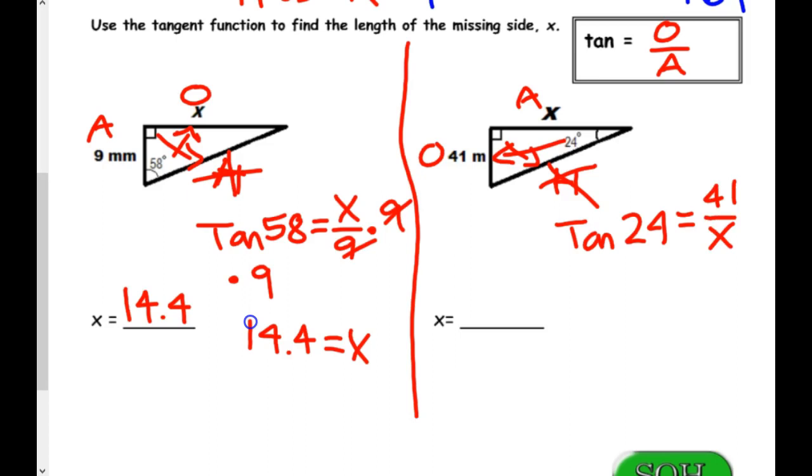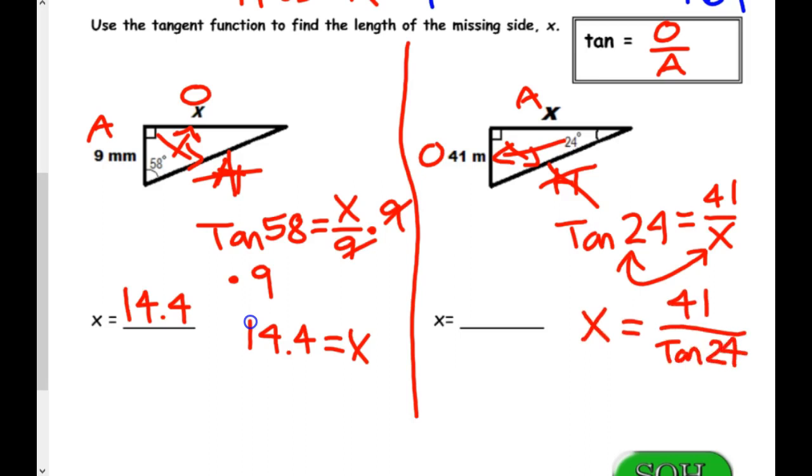Switch what? No, because you're starting at 24. You always start at the labeled angle. That's how, yeah, 41 is O. Very good question. So our trick is we switcheroo when X is on bottom. So X is 41 over tan 24.